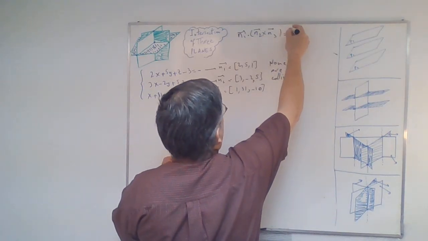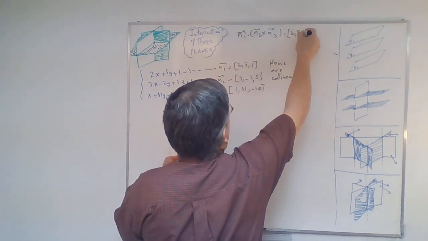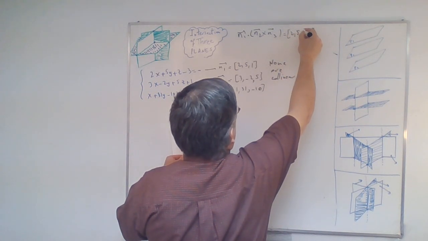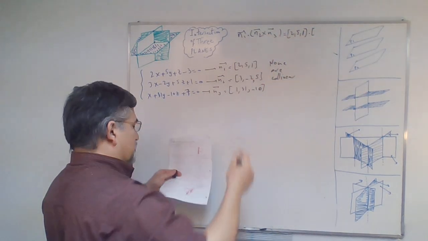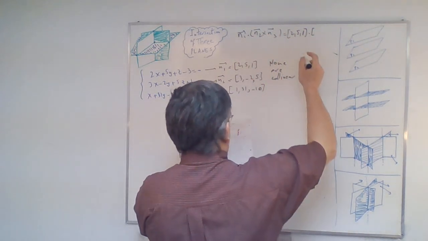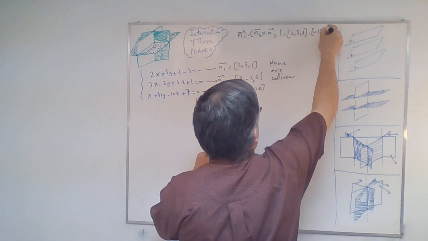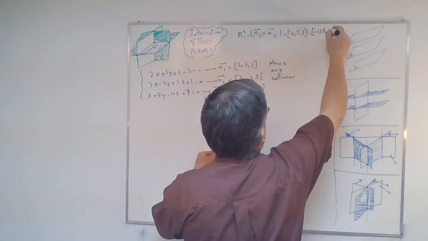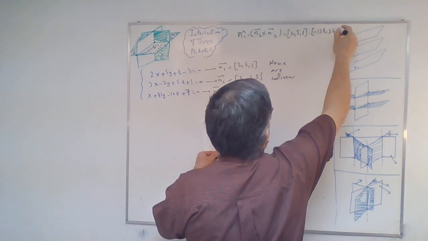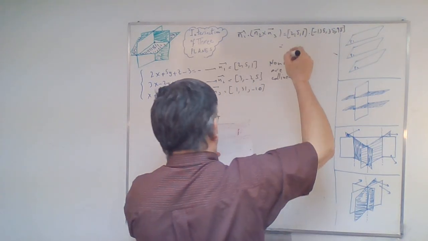So vector N1 is 2, 5, 1, and cross product of vectors N2 and N3 is actually -135 and 35 and 95. You can do the calculation and check to see if it's right or not.